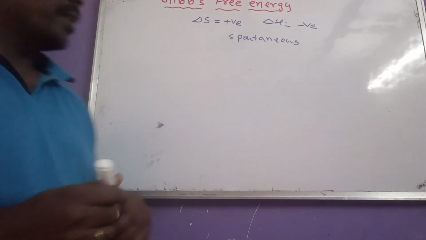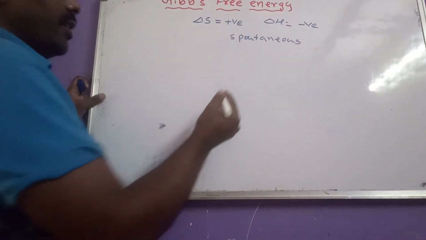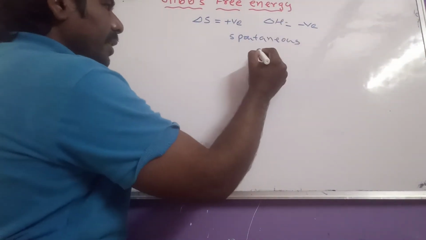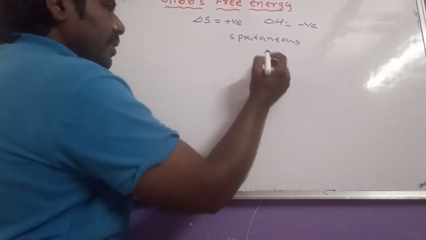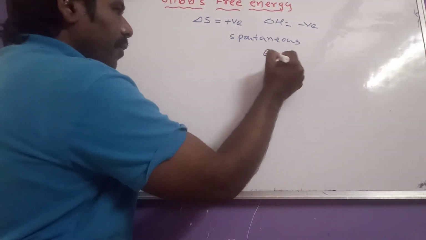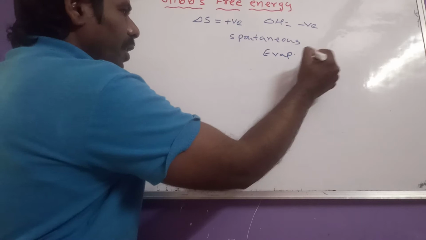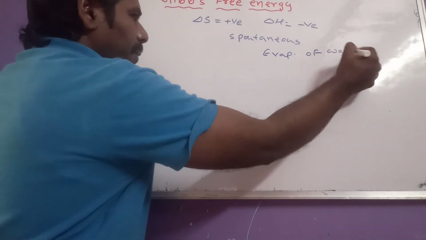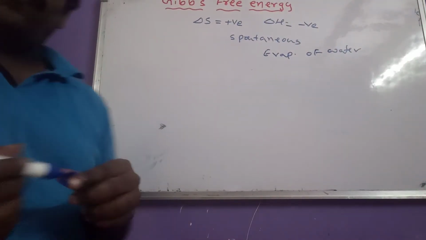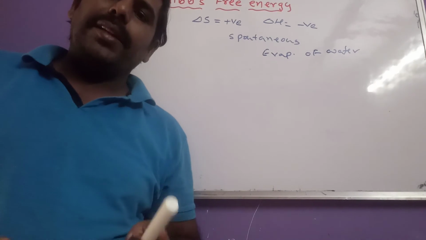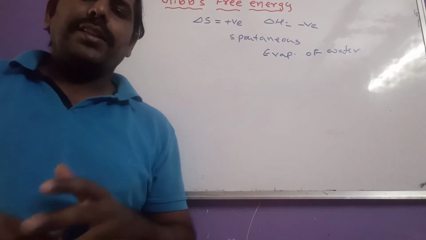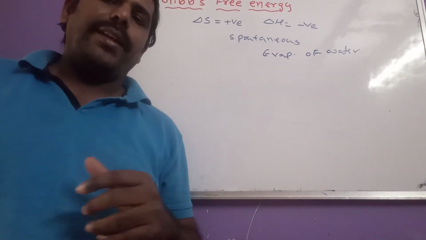But here is one important point. If you consider some reactions, for example, evaporation of water from a pond or a lake, you can observe that the process takes place spontaneously.